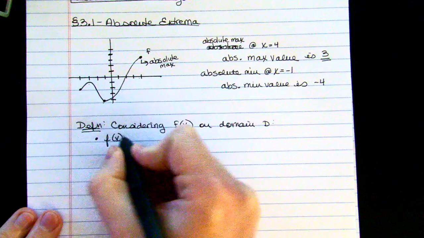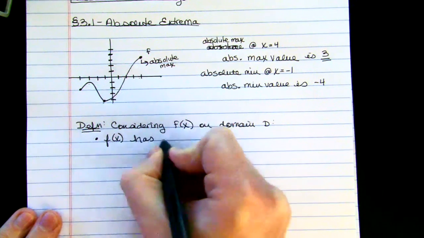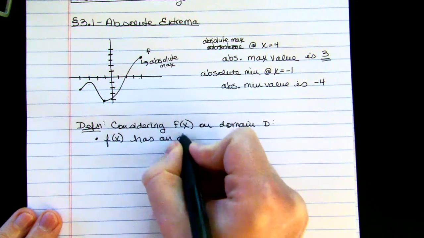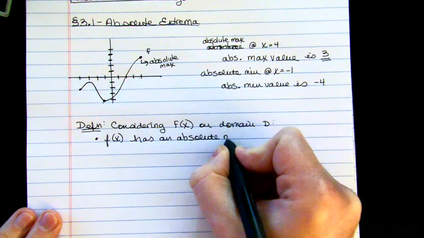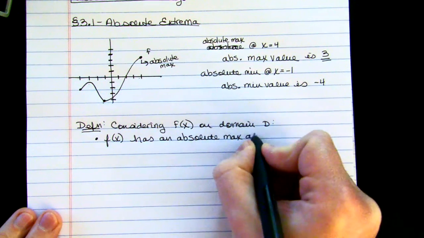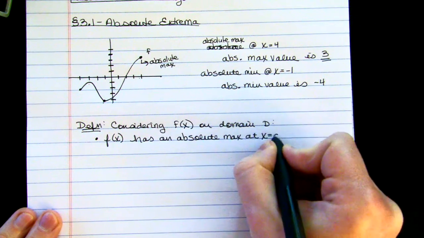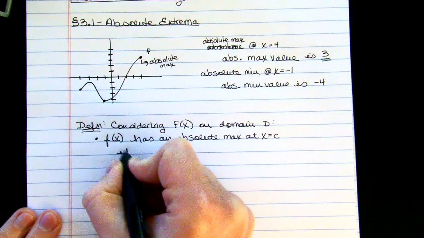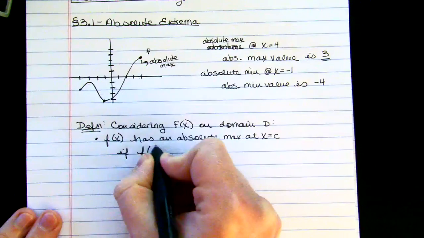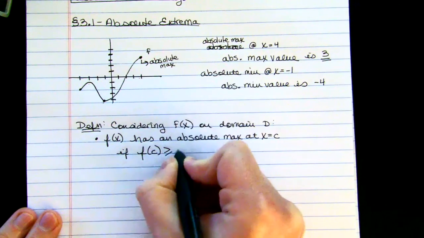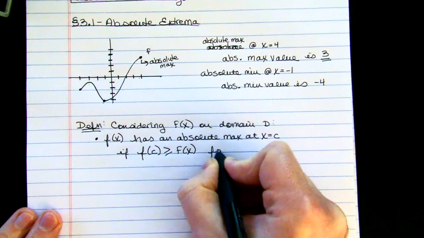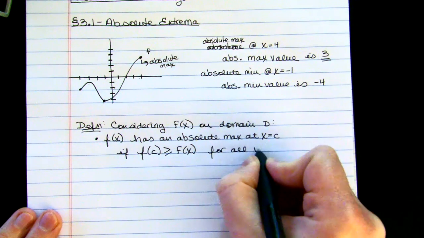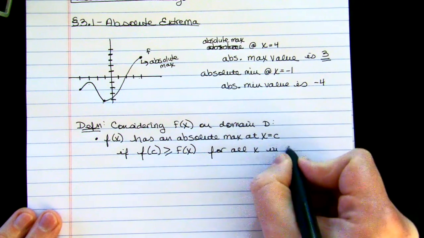I'm going to say f of x has an absolute max at x equals c if the y value there, f of c, is greater than or equal to all the other y values for all x in my domain.